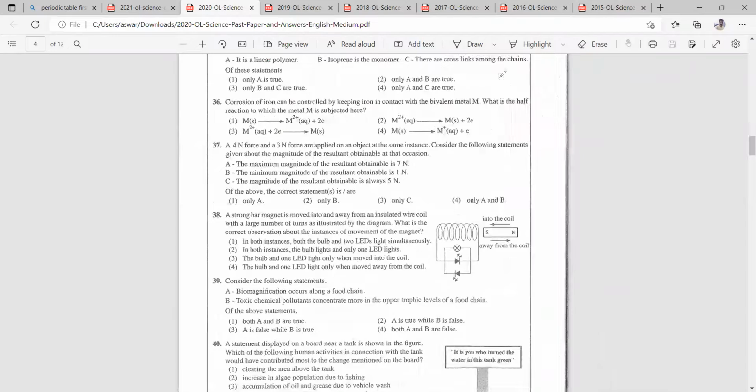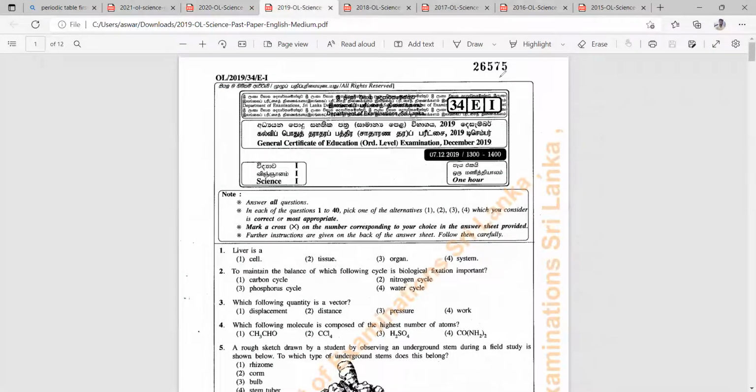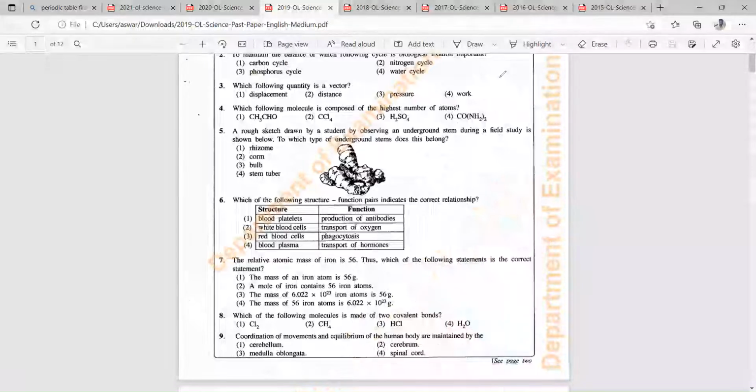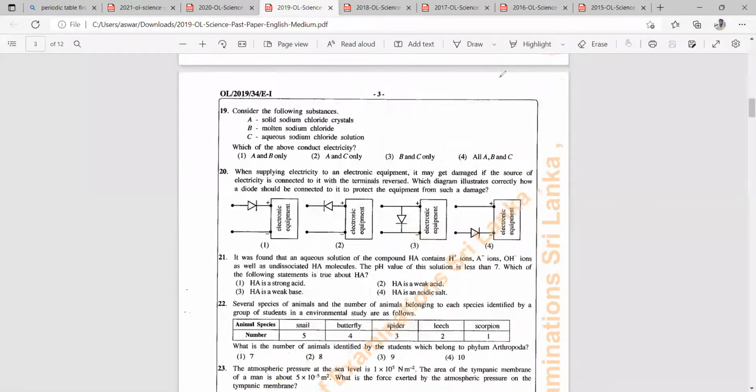Okay, there are no questions in the 2020. Then we move to the 2019. In 2019, I think there are some questions. There's one or more MCQs.